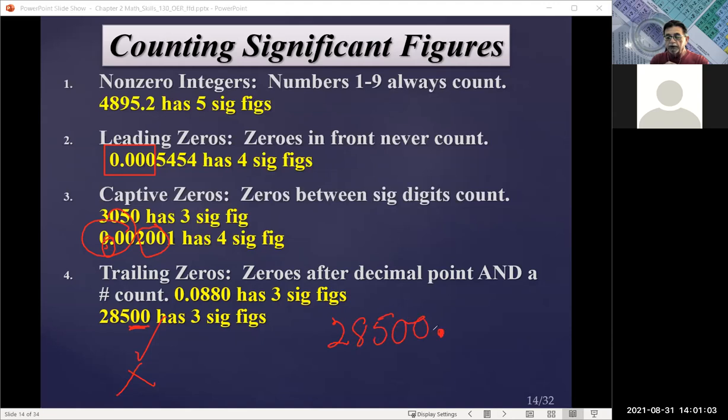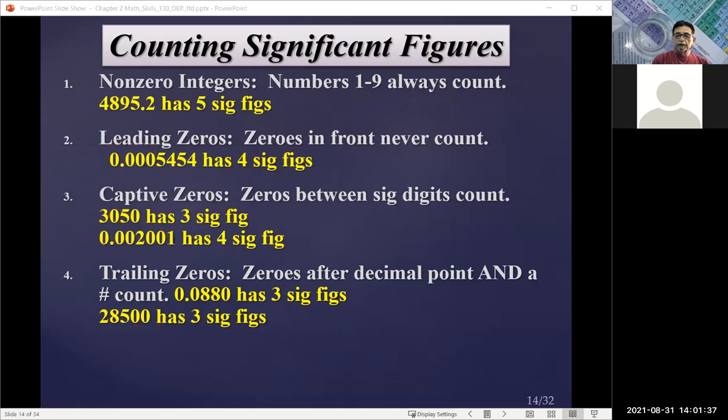If I stick a decimal point right there, you ask the question about these zeros: yes, they are in front of an integer, which is a 5. And yes, there is a decimal point in that number. So therefore, all those zeros count. Therefore, I got 1, 2, 3, 4, 5, 6 sig figs in this example versus 3 in this example.